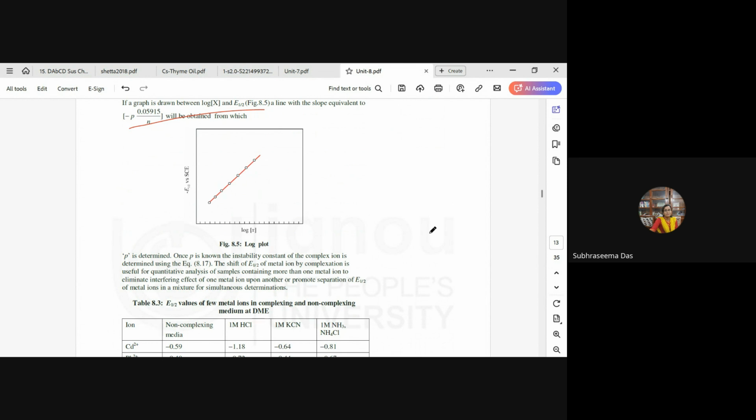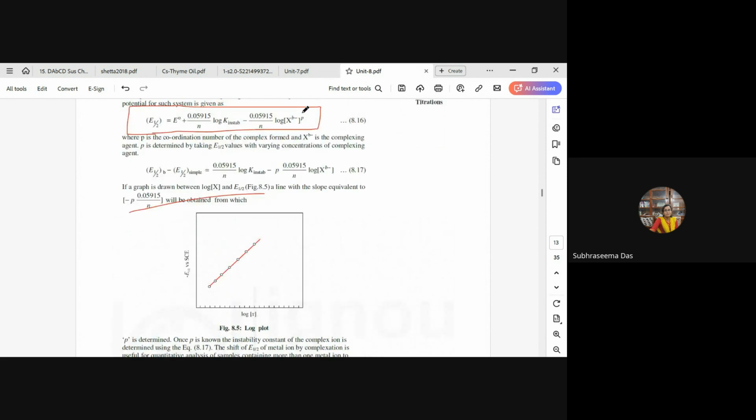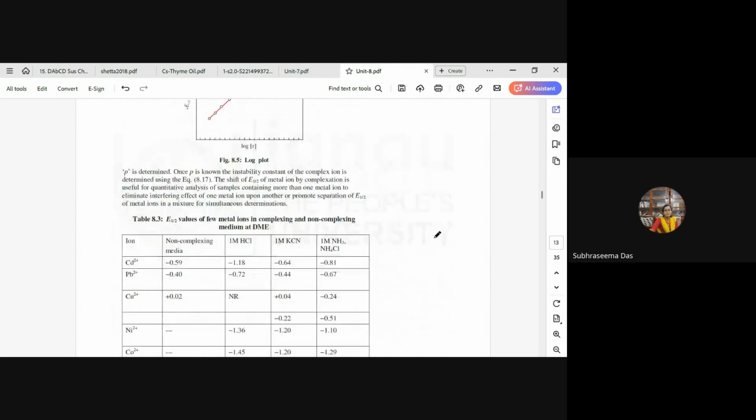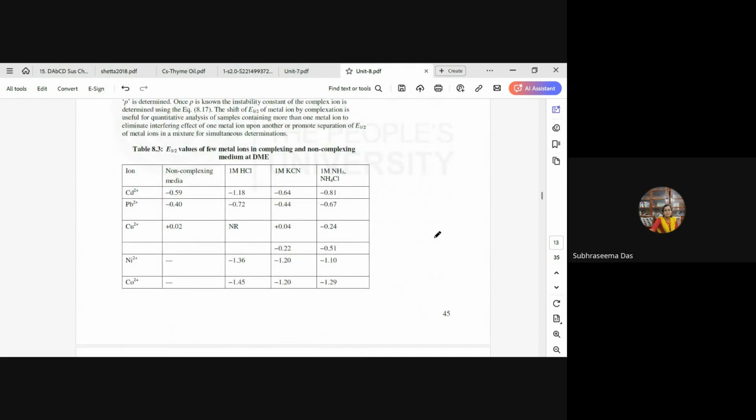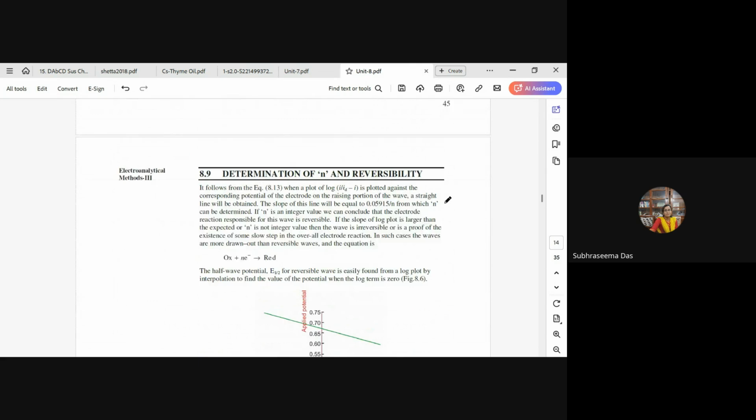Once we know the value of p, which is called the instability constant of the complex, the shift of the E half of the metal by complexation can be calculated. Table 8.3 shows the E half value of metal ions in complexing and non-complexing mediums at DME.